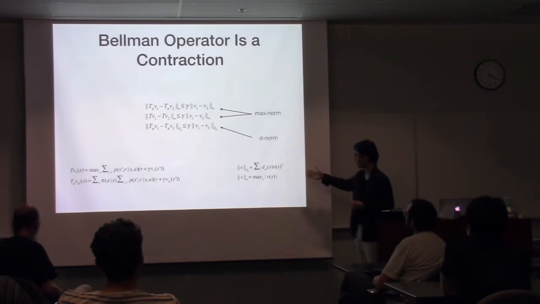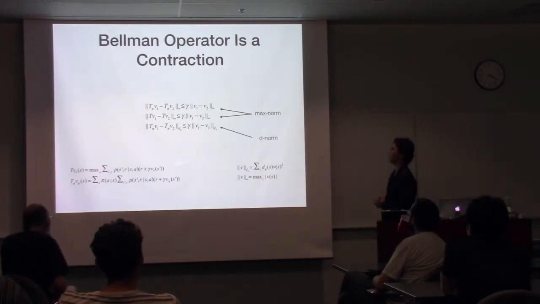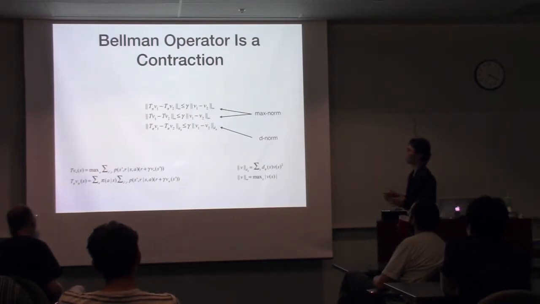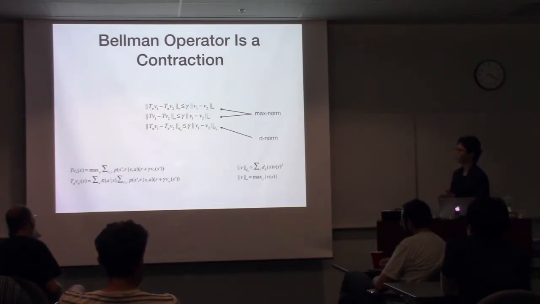The two kinds are the d pi norm and the max norm. We know that both the Bellman operator for policy pi and the Bellman optimality operator are contraction mappings under the max norm. In addition, the Bellman operator for policy pi is also a contraction under the d pi norm.